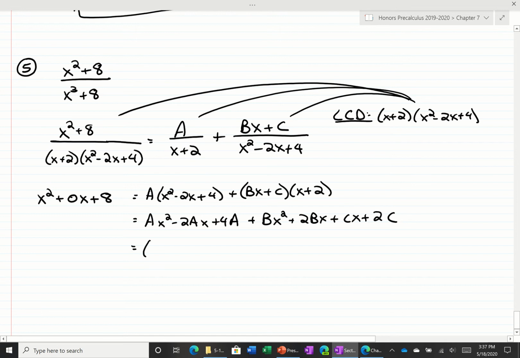And we'll group our x squared terms. We'll group the x terms. And then we'll group our constants.